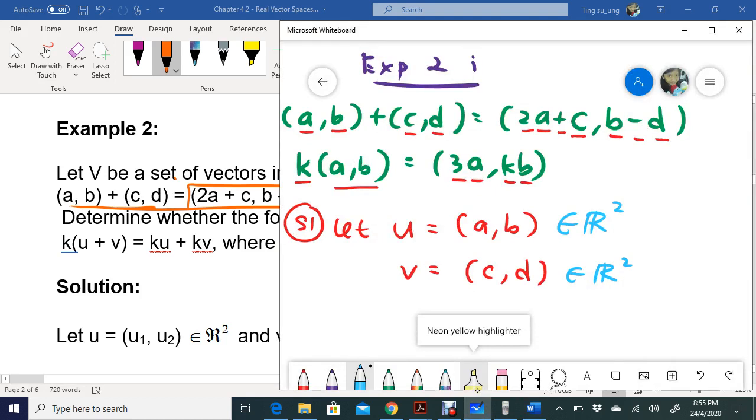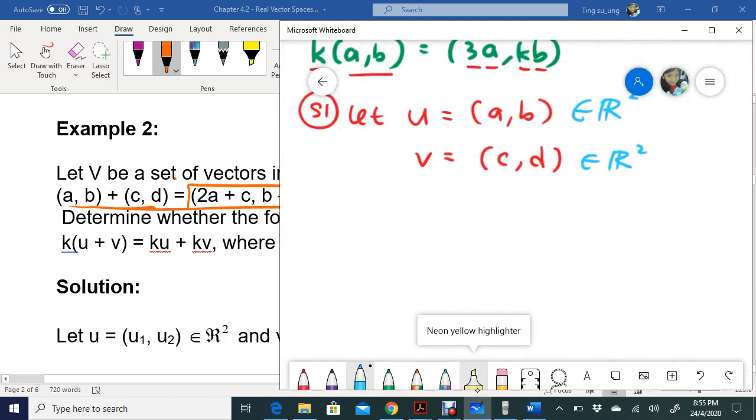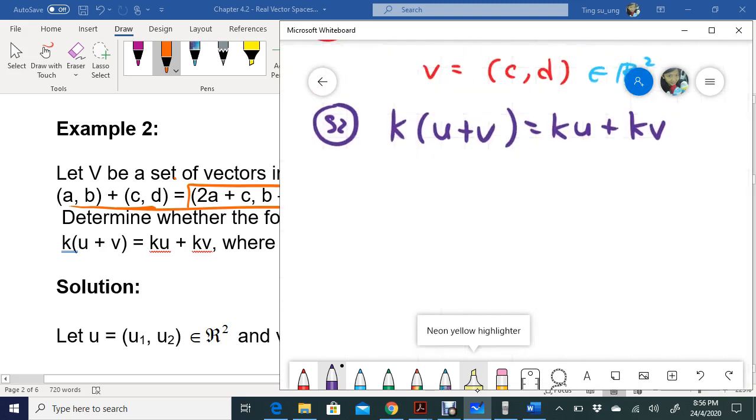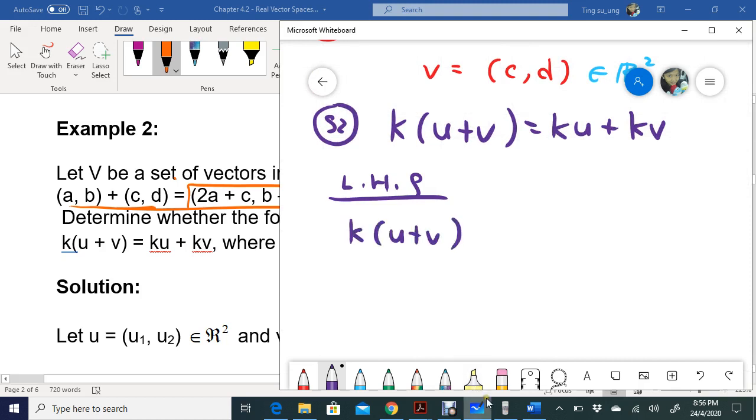Okay, so what is your step 2? Because the question wants you to test whether this axiom is satisfied or not, you just copy. So from here, what is your left hand side? Just write k(u plus v), right?